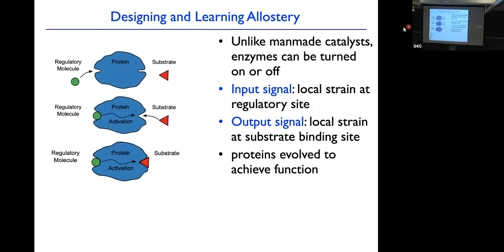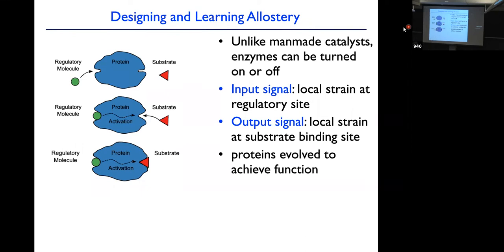So here's an enzyme that wants to make some chemical modification to this molecule over here. Right now the enzyme is off. This molecule is not able to bind to the protein. But this enzyme has this regulatory molecule here that when it is bound over here, that opens up this binding pocket, and now this allows that to bind.